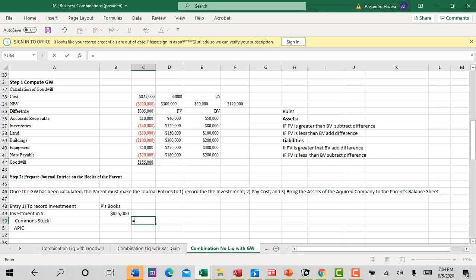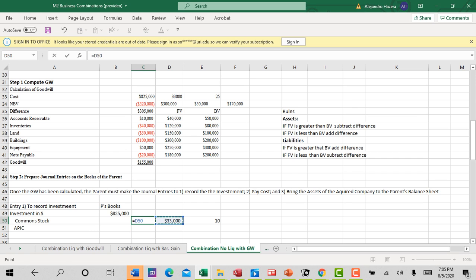And then for common stock, we know that we issued common stock. The shares we issued were 33,000 shares with a par value of 10. So we're going to credit common stock for 330,000.